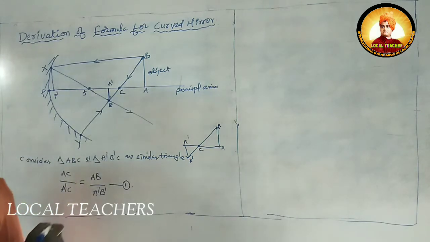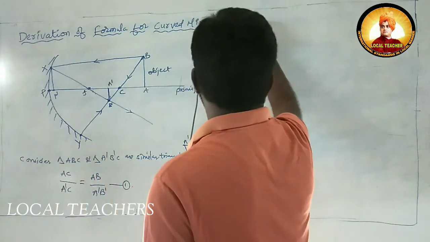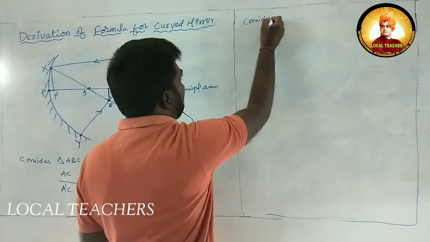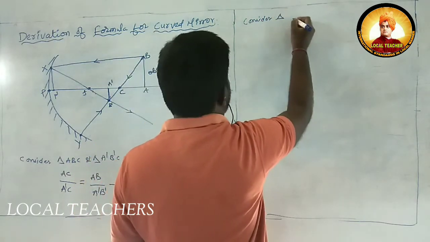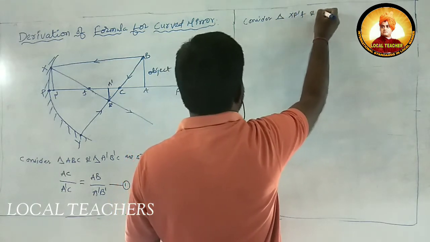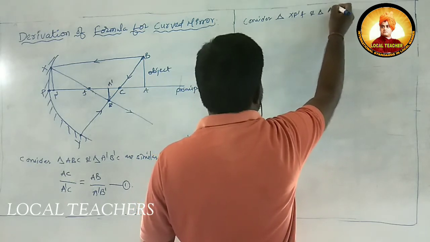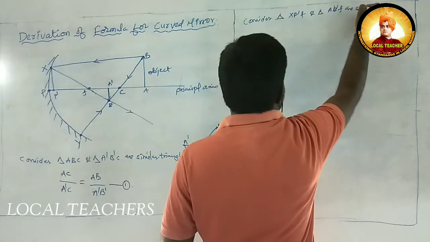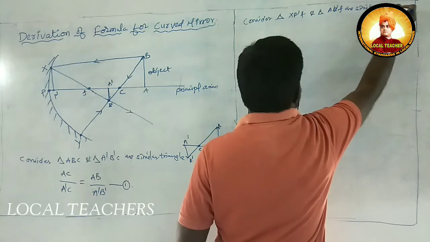Next, consider triangle X P dash F and triangle A dash B dash F are similar triangles.